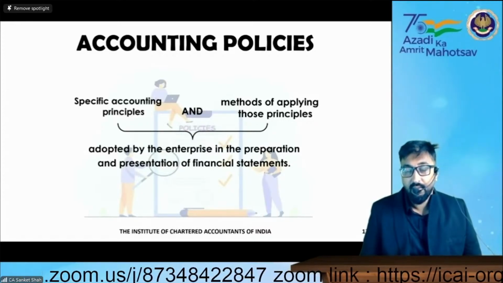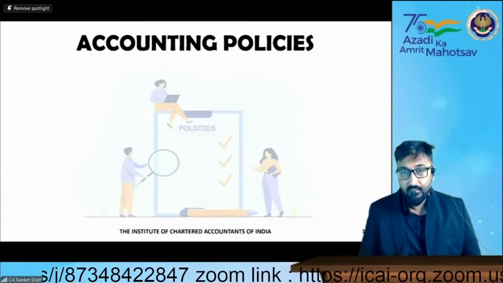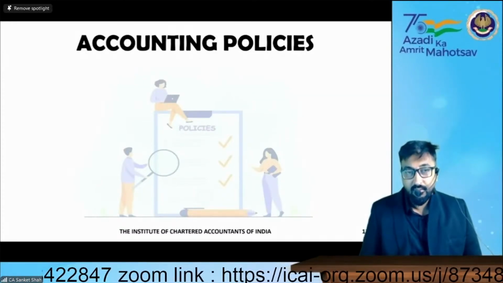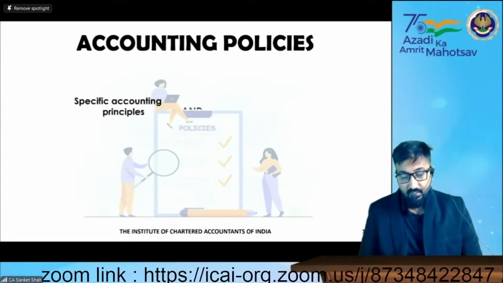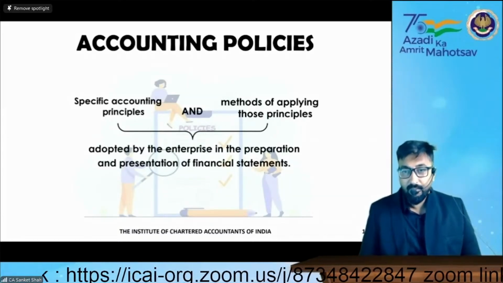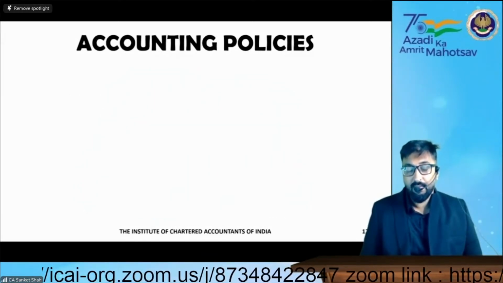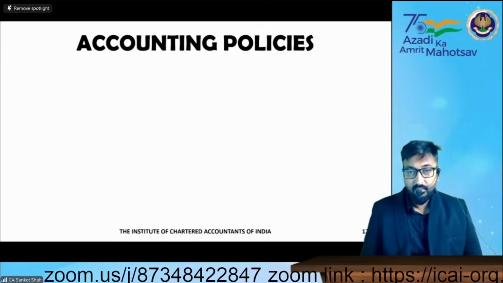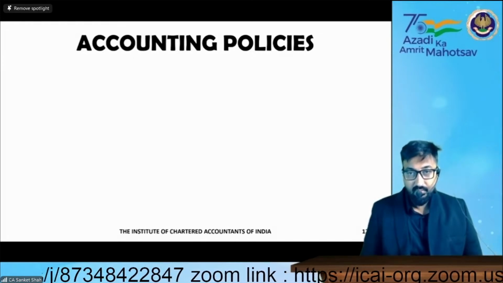Specific accounting principles, and methods of applying those principles, adopted by the enterprise in the preparation and presentation of financial statements. Very good.